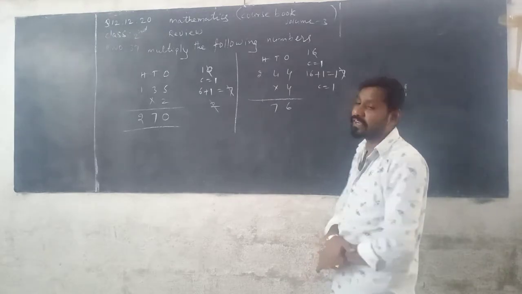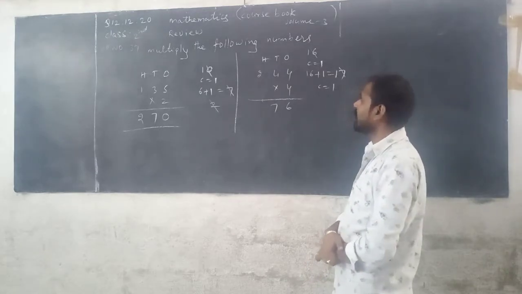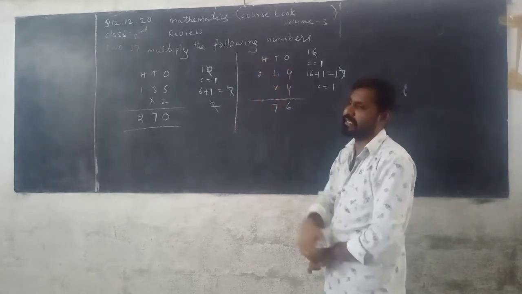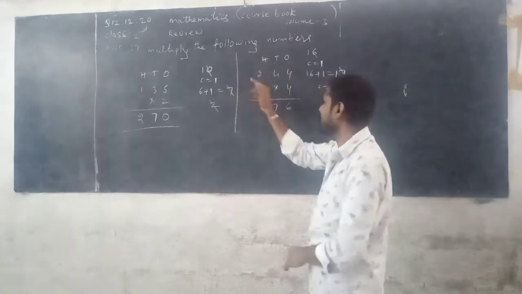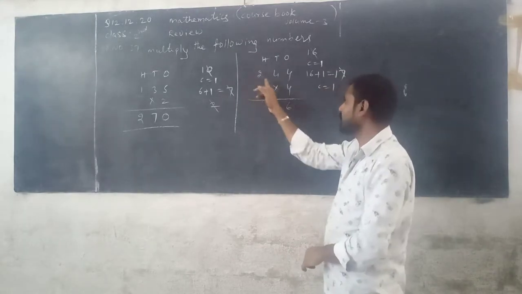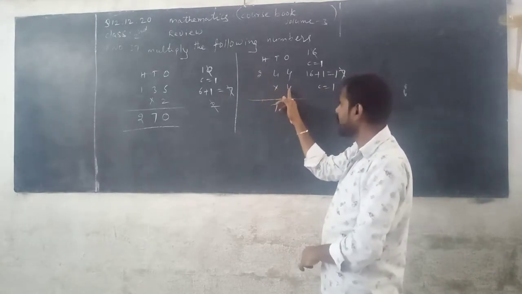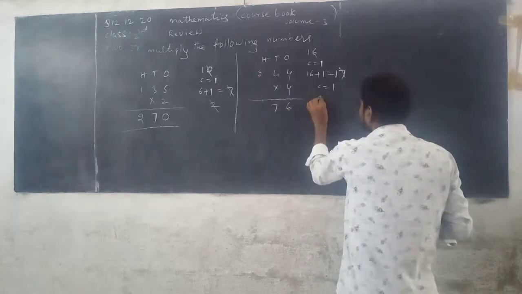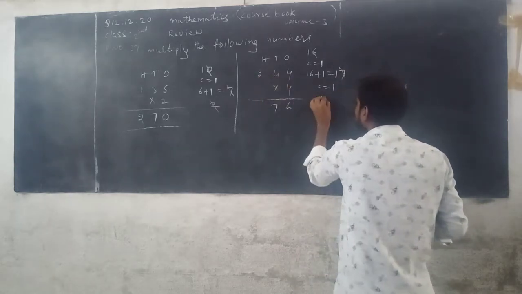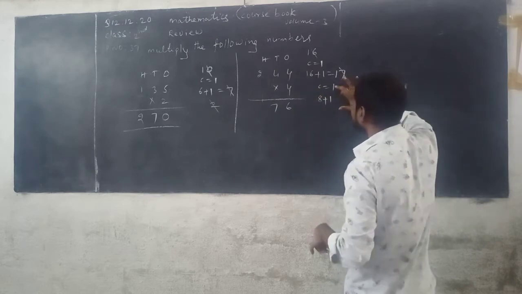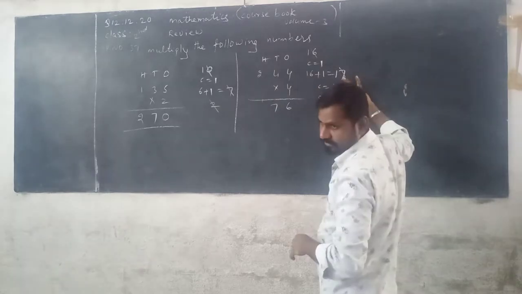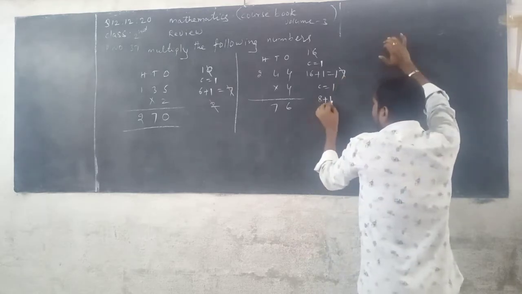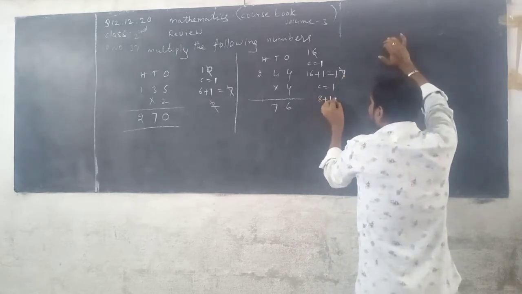Now next, what do we have to do? We multiply the digit in the hundreds place. The digit in the hundreds place we have to multiply. That is 2. 2 is multiplied with 4. Then you can read the 4 table: 4 2s are 8. 1 is added to 8 because this is a carry over. 8 plus 1 you can get 9.